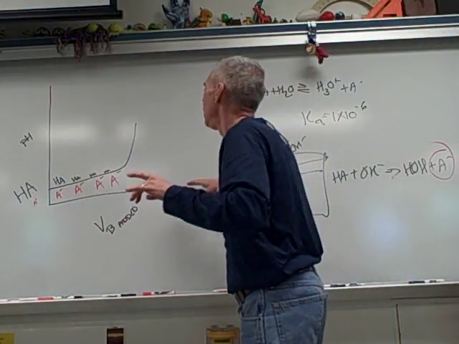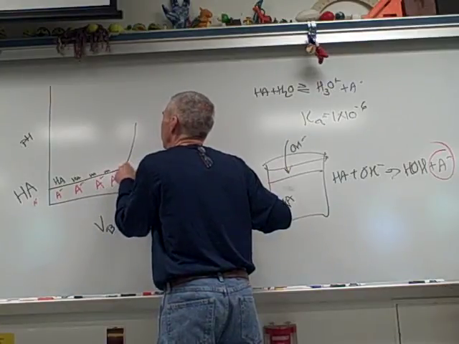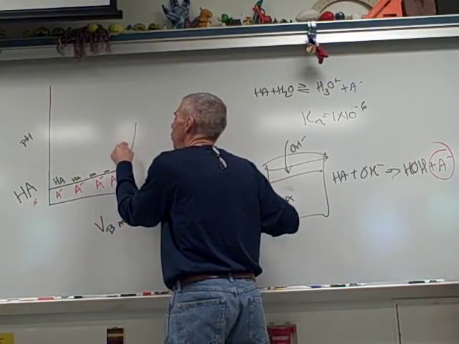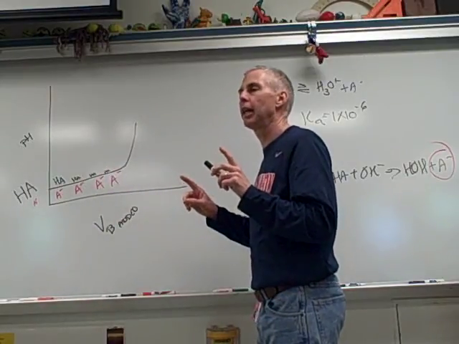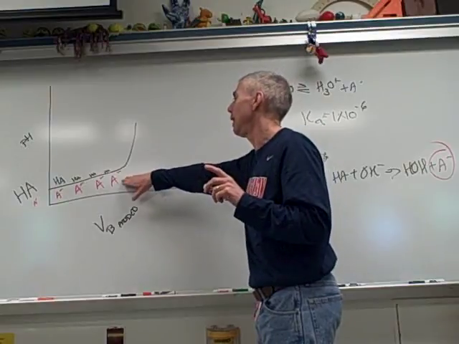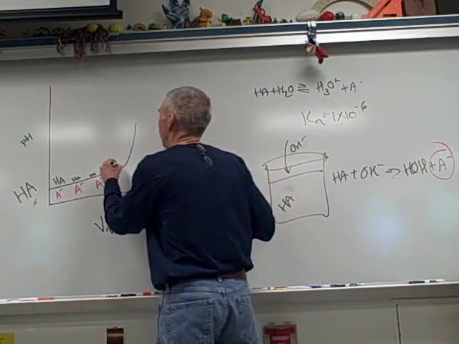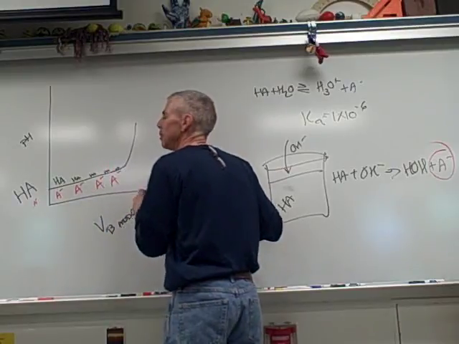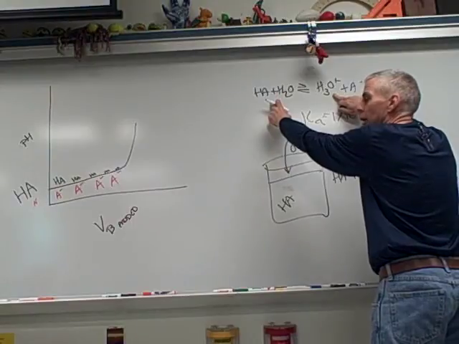Moving on. Now, all of a sudden, what happens? It shoots up because what don't we have anymore? HA. We've got plenty of A-. We're getting more and more A-, less and less HA, to the point there's no HA. When we get no HA, what happens to the pH? What happens to this equilibrium? It's blown.